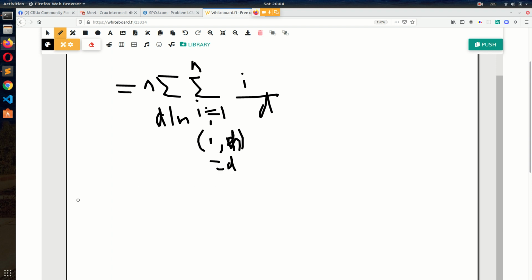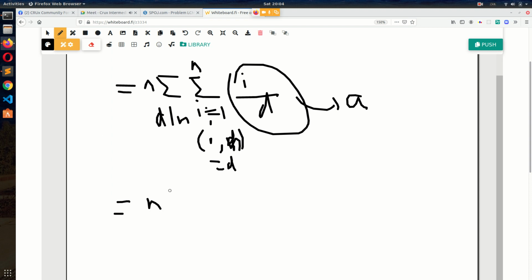Now we can express this value in a different way. Let's call this value a, and try expressing this sum in terms of a, not i.